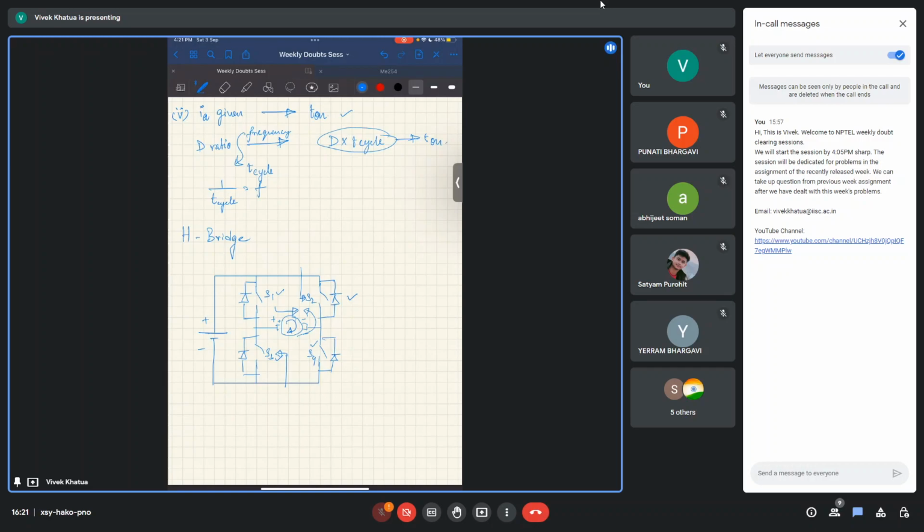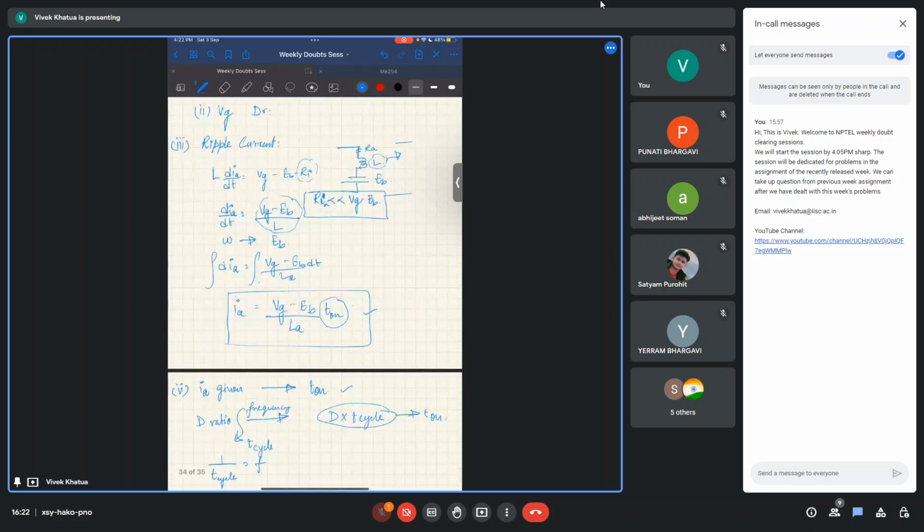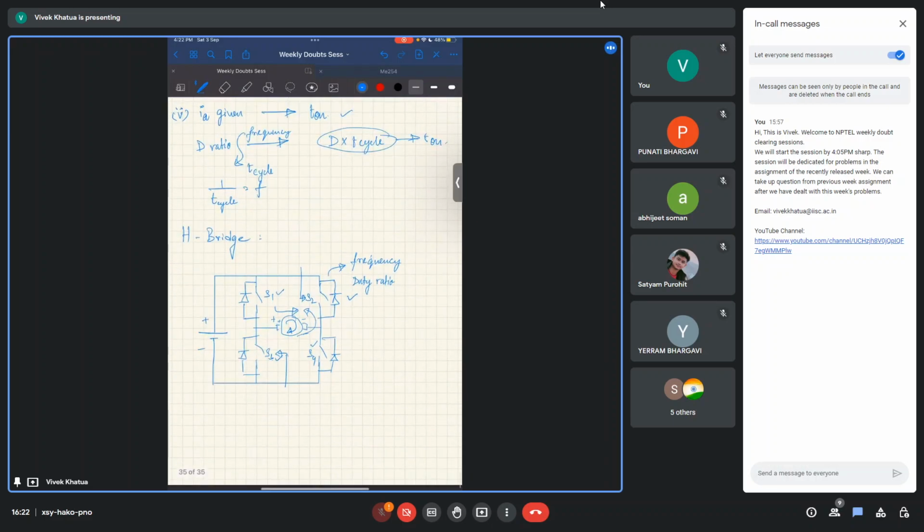So the question can be framed like this, that S2 and S3 are operated at a certain frequency or duty cycle, duty ratio, and after that it is the same process that we have gone through, right? So this is how you need to do it.